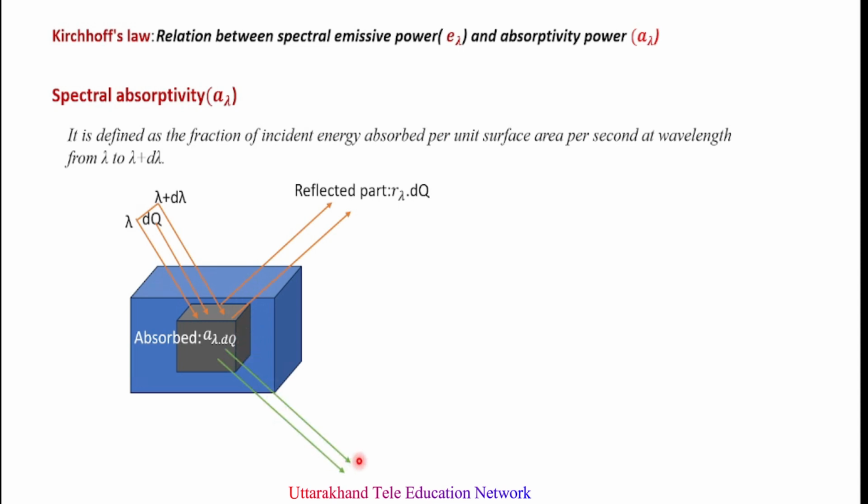Suppose T lambda is the transmission coefficient, then T lambda dq amount of radiation will be transmitted. So when dq amount of radiation is incident on 1 centimeter square area in 1 second, then A lambda dq will be absorbed, R lambda dq will be reflected, and T lambda dot dq will be transmitted.